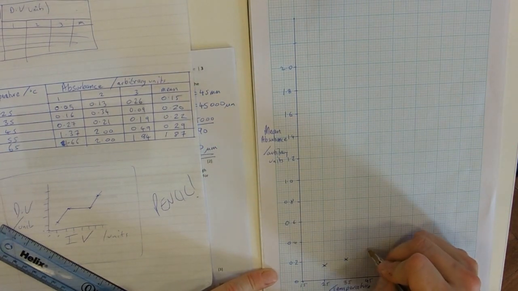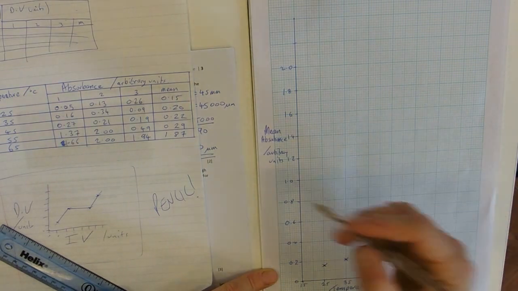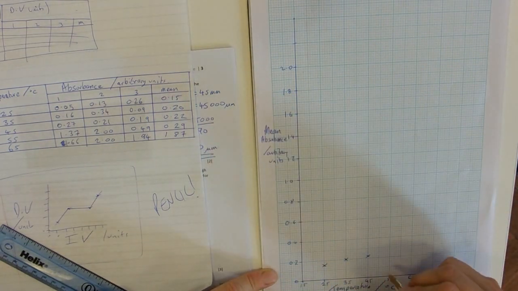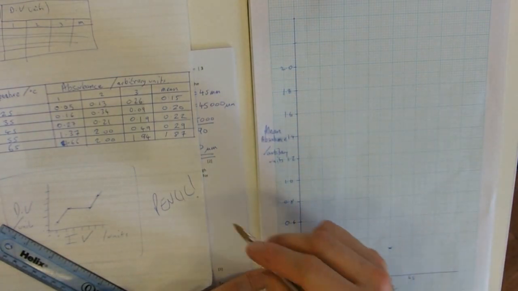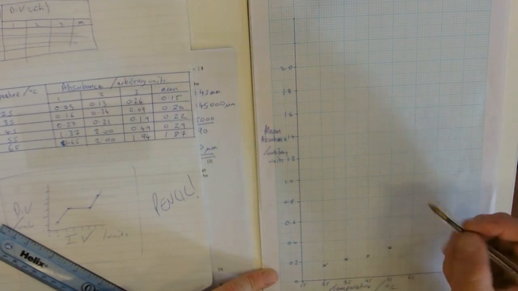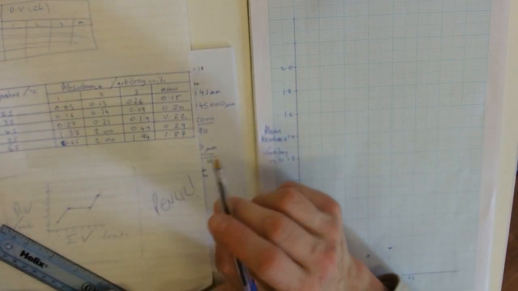So that's 0.3, so that'd be 0.22 there. 55 is 0.29. So that's 0.3. That'll be halfway between those squares there. And 65. Oh, I knew I was going to make a mistake.